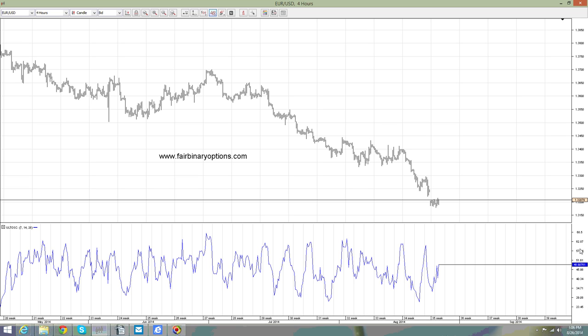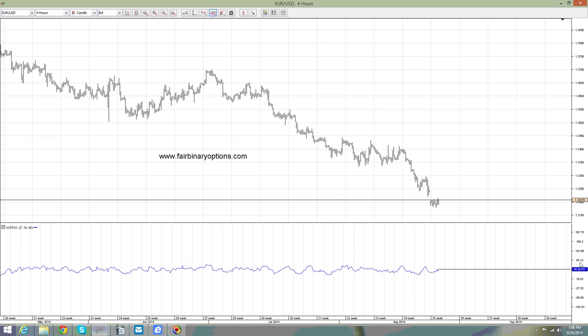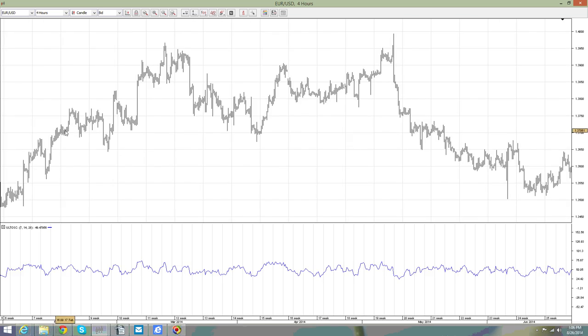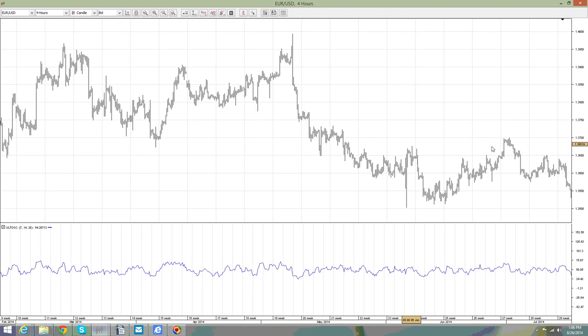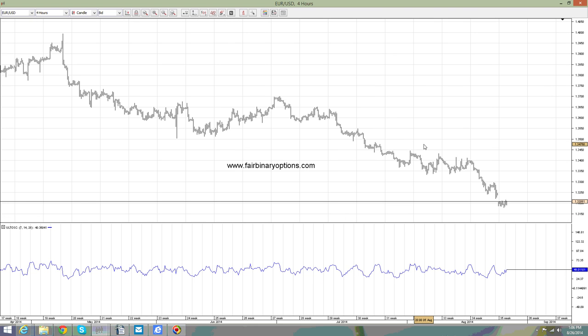So the thing to do here, in order to identify your own trading range or to find overbought or oversold levels, is to make these ranges as small as possible and see historically where the market would be, let's say, overbought and oversold based on what values the oscillator reached.